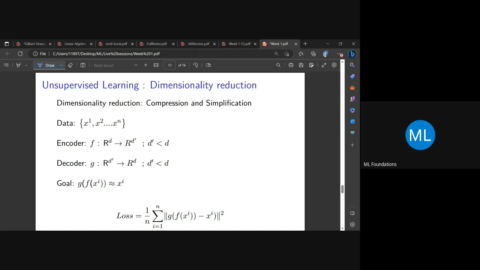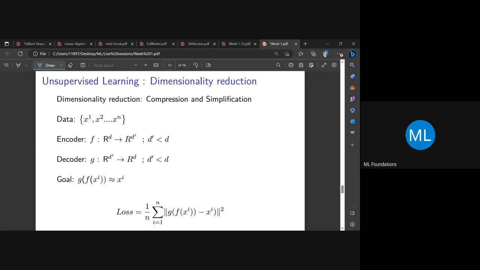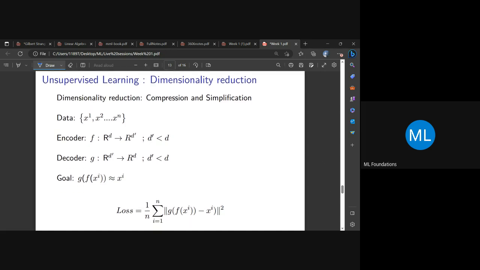Again, dimensionality reduction, you will study, I think, in week 7 in terms of PCA. PCA will be one example of this. So what we do in dimensionality reduction is we have to define two models here.